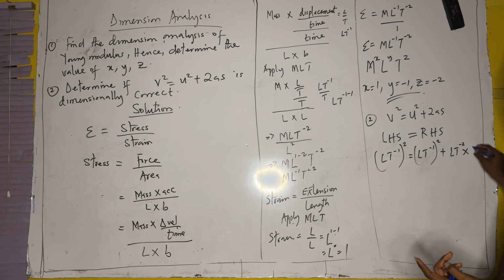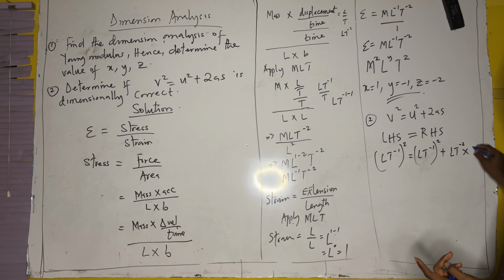This one is L squared T to the power 2 times minus 1, which is minus 2. This one is also L squared T minus 2, plus, now this is L and L, we pick one. It has a power of 1 here, power of 1 here, 1 plus 1 is 2, T minus 2. You can see that this is equal to this and equal to this.